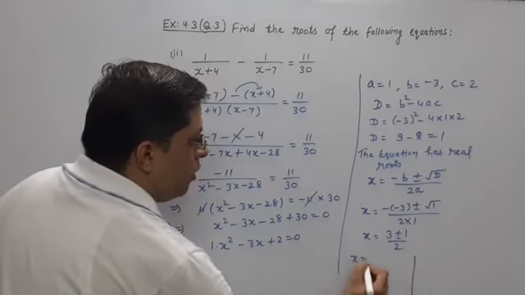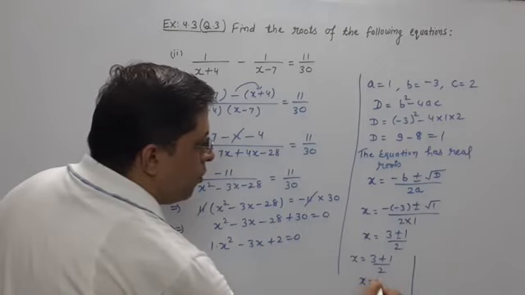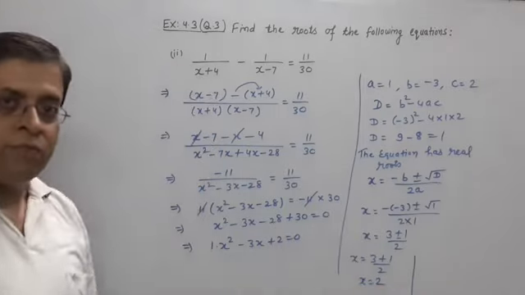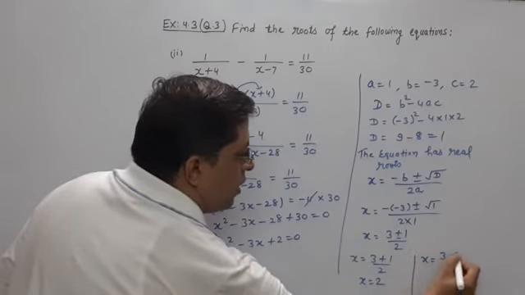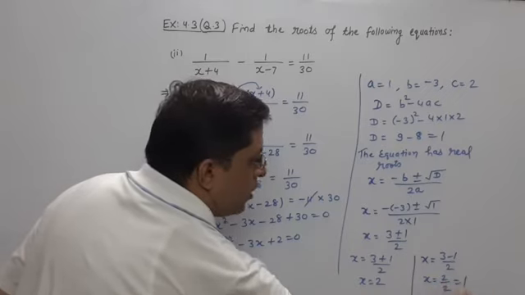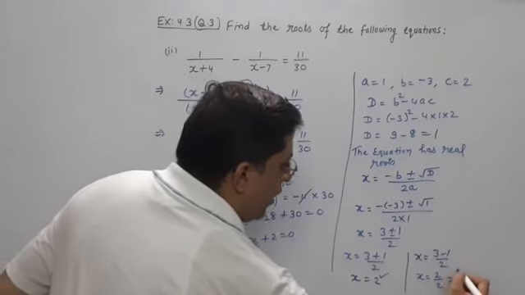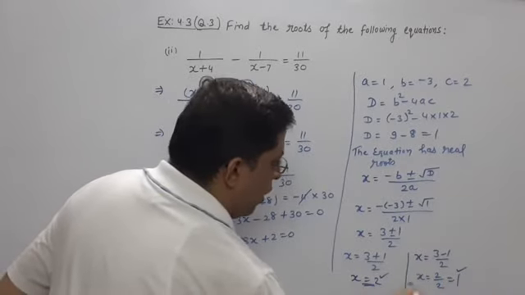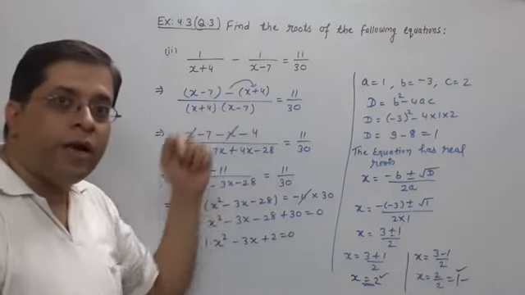Then two roots will be 3 plus 1 upon 2, that is 4 upon 2, it is coming 2. Okay, and here second one 3 minus 1 upon 2, that is 2 upon 2, it will cut, it is 1. Then x is equal to 2 and x is equal to 1 are the roots of this quadratic equation.